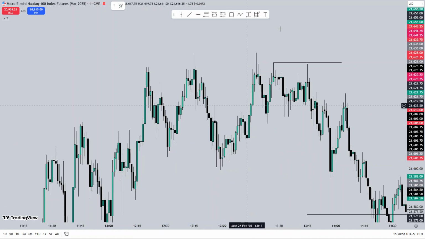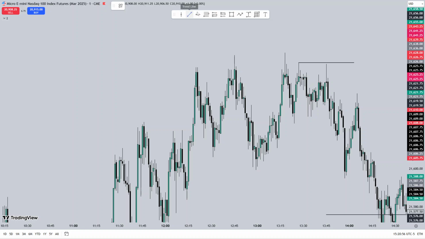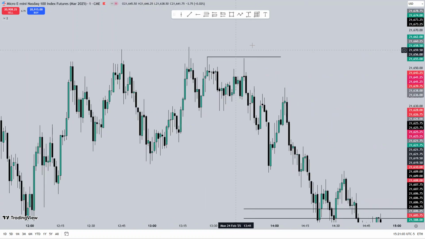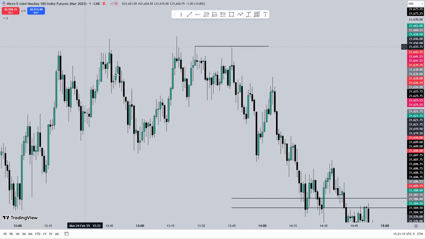Then the market again went higher, taking this high, taking this liquidity. Then over here the market kept some liquidity, and this is the all-time high. Then the market simply took these buy side liquidities, and I took only one entry after the lunch hour, sorry, in the PM session.